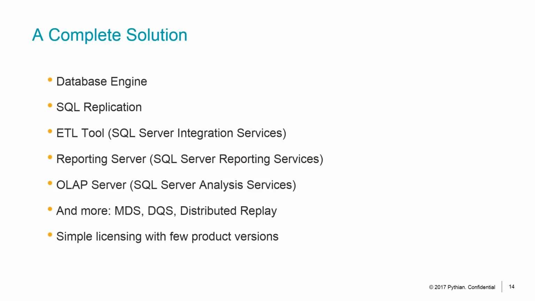So at the end of the day, not only does it include all these things, but it's also simpler licensing with not as many product versions. And so it's very simple to tell what you're buying. And if you bought something, you don't have to be afraid that when the time comes for the audit, you might be using a feature that you were not licensed for, right?